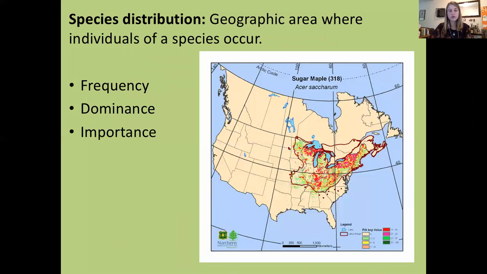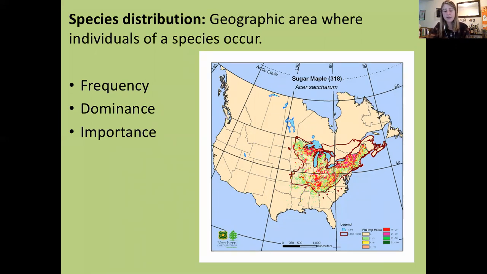So species distribution, in other words the species range, is the geographic area where you can find individuals of this species. And where the species is present, you can look at its abundance. You can look at things like frequency, which is how many individuals there are of a certain species, or how many stems there are.